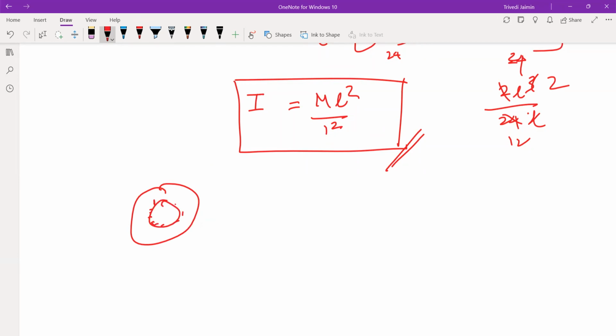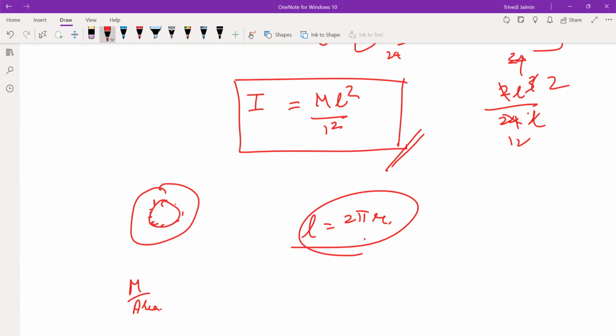Circumference of this will be your length, 2 pi r. For the rod we took mass per unit length; here we'll take mass per unit area. Clear?